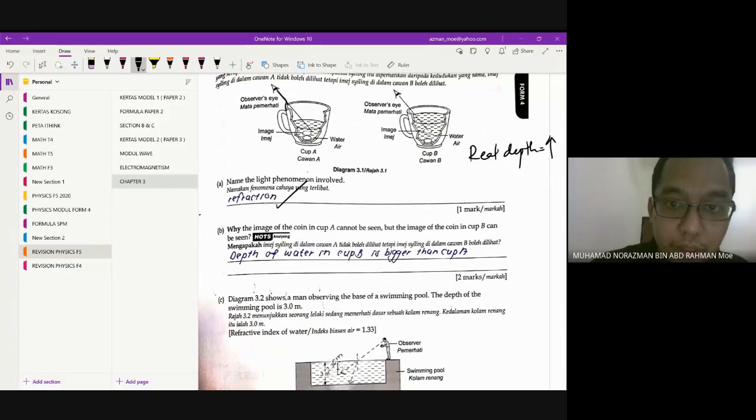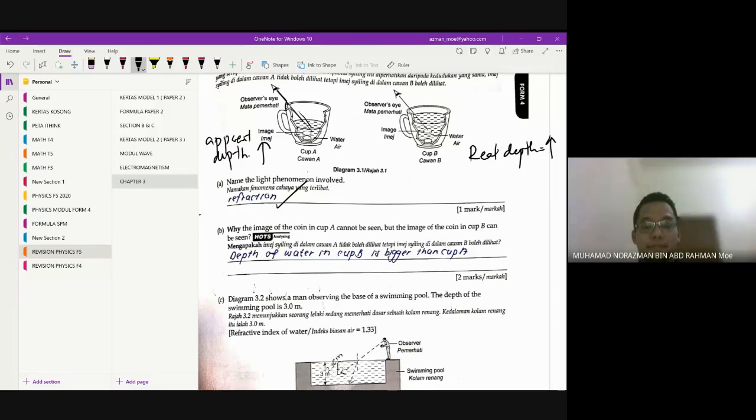So in order for us to see, okay, the apparent depth, or the apparent height lah, must be increase. Okay, dia punya apparent depth. Dia guna sini apparent depth of image.